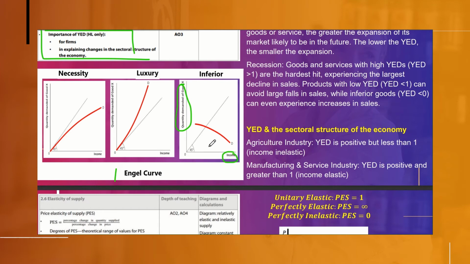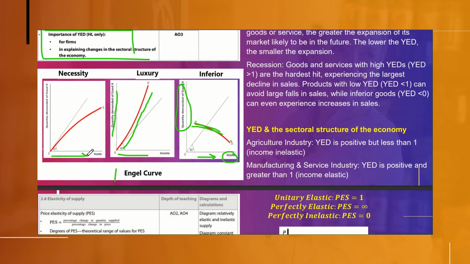So when income increases, the quantity demanded is falling, decreasing. So that is said to be an inferior good. Similarly here, income increases and it is increasing like this, so quantity demanded also changes rapidly. So this is said to be a luxury good. See, look at the Engel curve, how it differs between inferior, luxury and necessary goods.